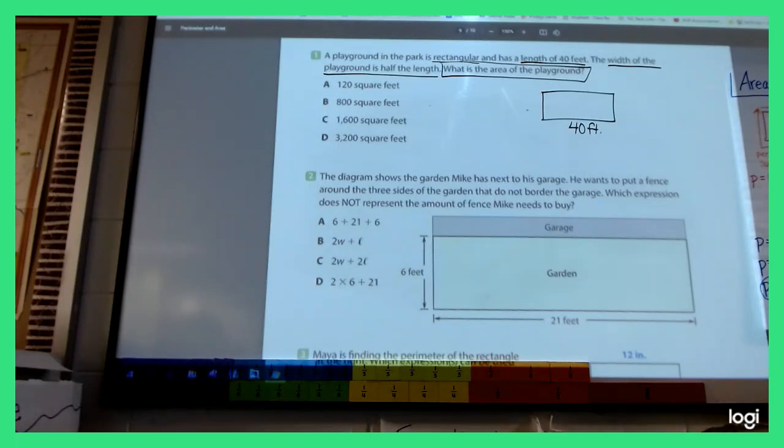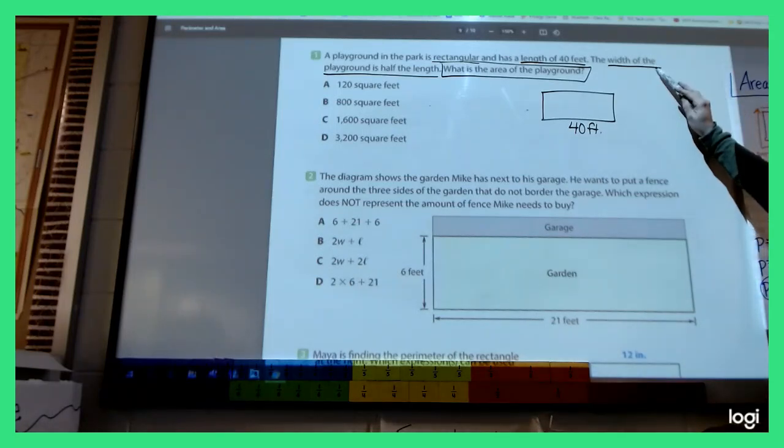I think you divide 40. What does it tell us about the width, Abby? It's half the length. So if I want to find half of my length, what would that be?